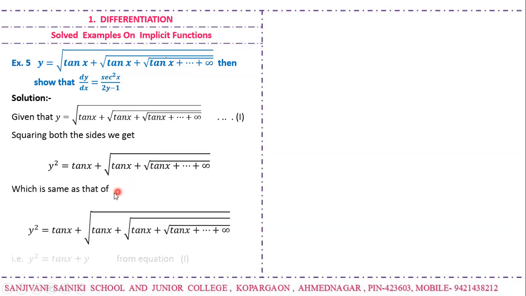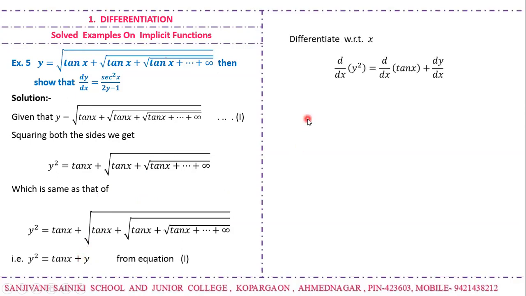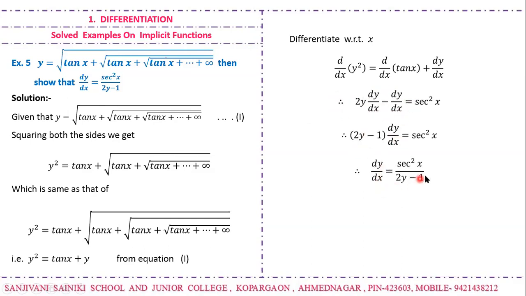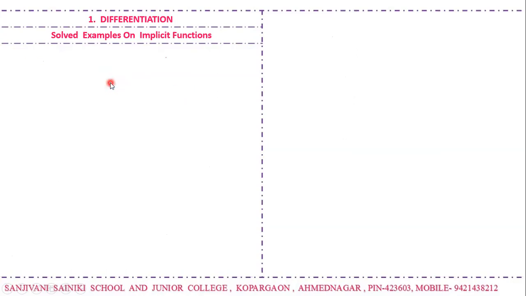So we simplify and get y square is equal to tan x plus y. Then we differentiate it with respect to x, take dy by dx common, and we write the answer dy by dx as sec square x upon 2y minus 1.